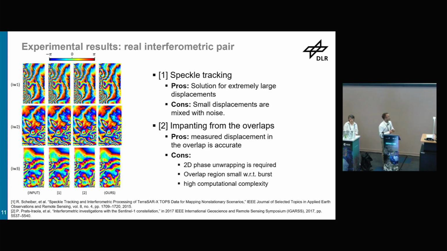And then in this second state-of-the-art methodology, I want to show you the result that we get by observing the problem in another way, which consists of looking at the overlap and extracting the differential interferometric phase. And since we know that there is a direct connection with the along track motion, we apply an inpainting that is filling the huge gaps that we have among the bursts.